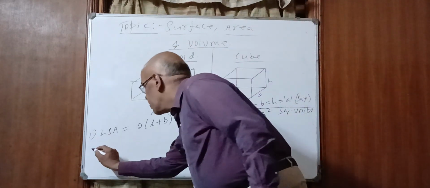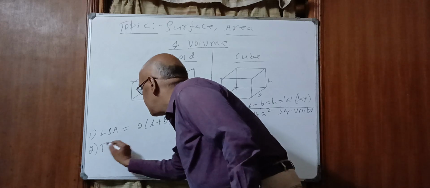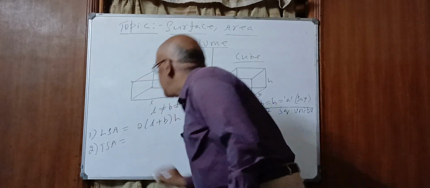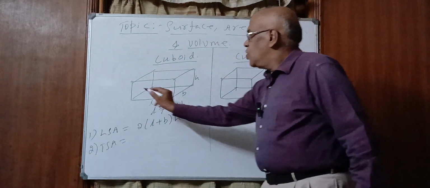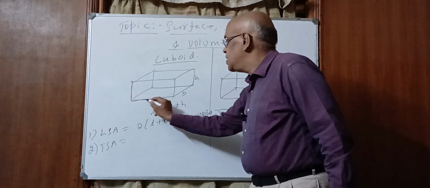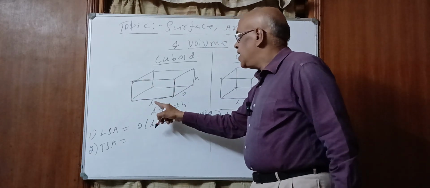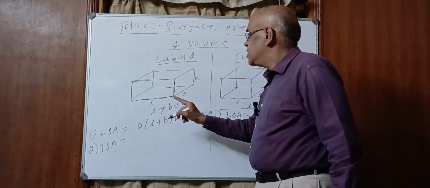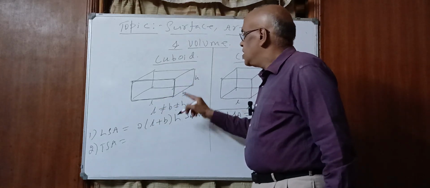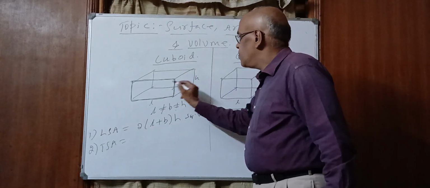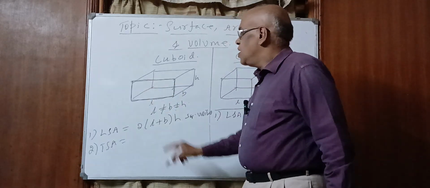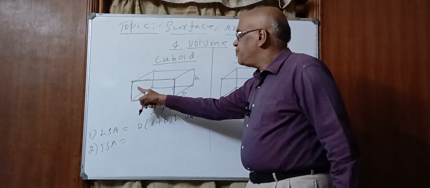Now come to TSA. TSA means total surface area. See now, what is this children? This is a rectangle. What is the area? Length into breadth. What is this? Parallelogram. There are two such parallelograms. What is that area?